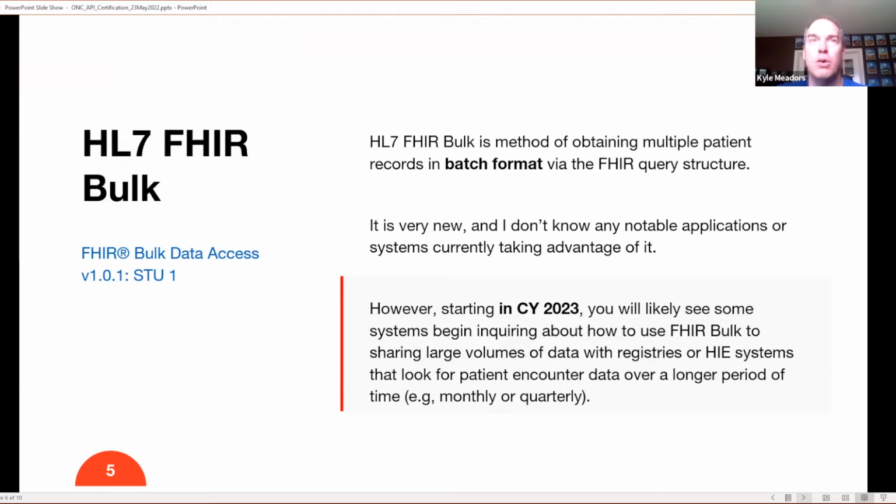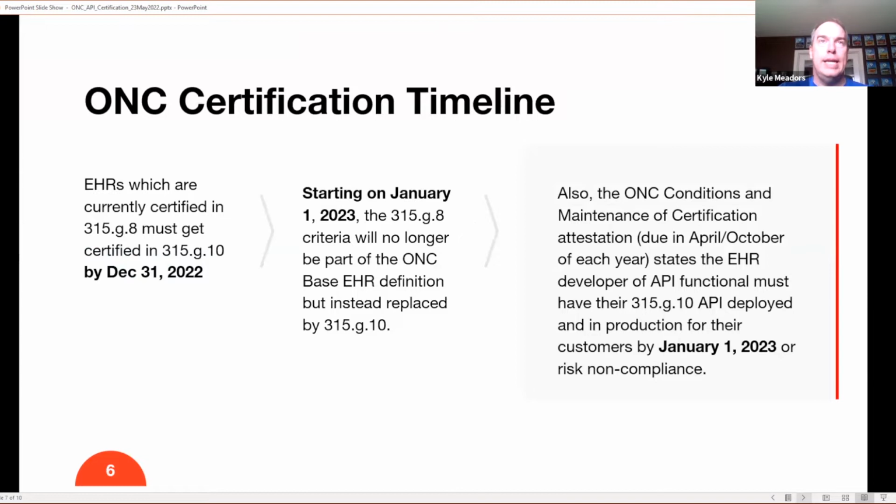But again, all three of those things have to be in there for your G10 certification, and the Inferno test tool will test all of that. So if someone says, "Hey, we only care about the patient facing app part," and I can understand that, that's probably the more common one that people are going to use, you still have to have the capabilities to do everything else, practitioner, the bulk access, and the Inferno test tool will test it.